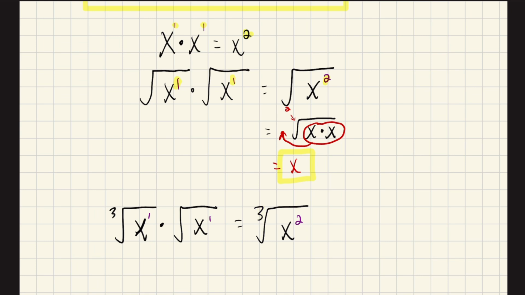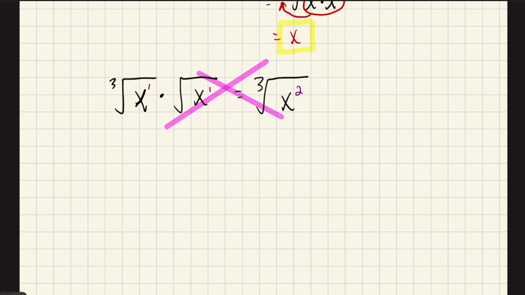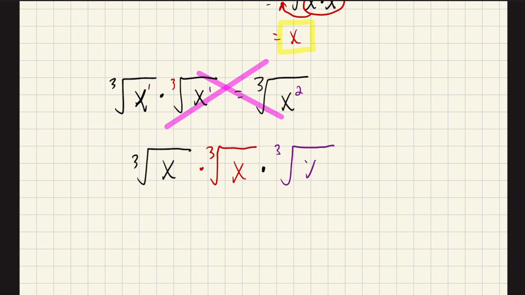So in order to simplify this here, and if I cross this one out, if I wanted to get my cube root x into a position where when we simplify it, you remove the root, then I'm going to have to multiply it by cube root x twice. And I just should have put a cube root here. It was an accidental leave, so it should always be cube root. So cube root x times cube root x times cube root x.